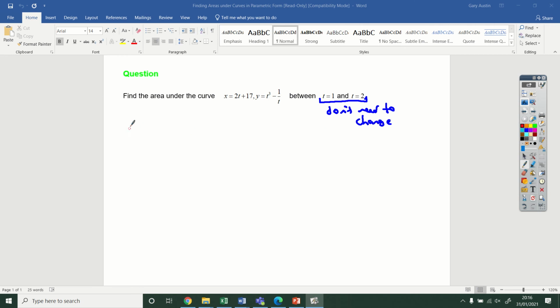Okay, let's write down the formula and see what we can do with it. So we're now going to integrate from 1 to 2 of y times dx by dt times dt.